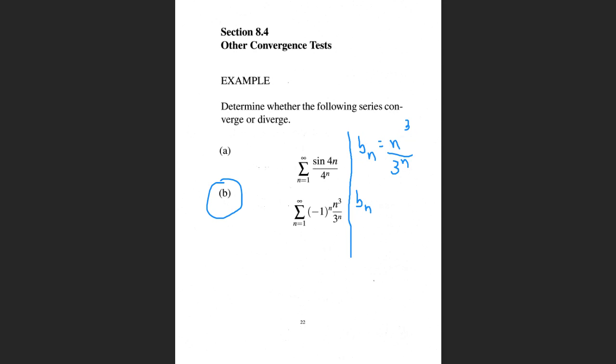If we were to try to verify the first condition of the alternating series test, we'd have to show that b sub n plus 1 is less than or equal to b sub n. In other words, we'd have to see if n plus 1 cubed over 3 to the n plus 1 is less than n cubed over 3 to the n.